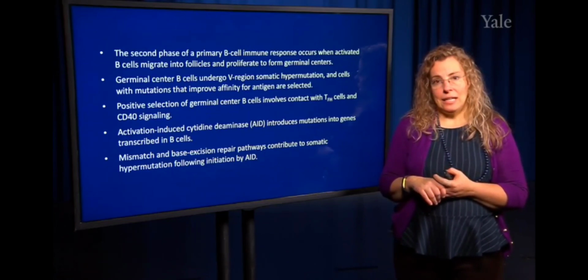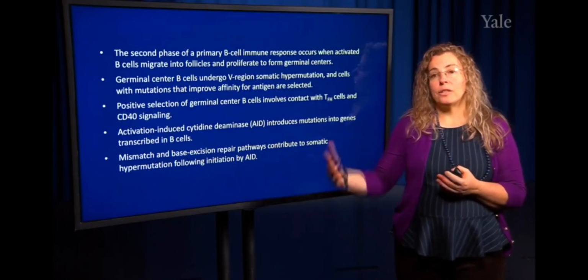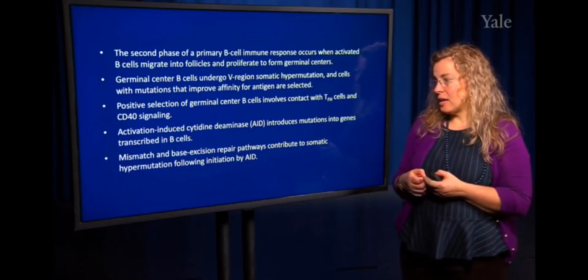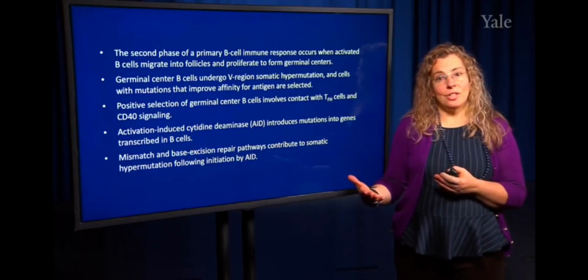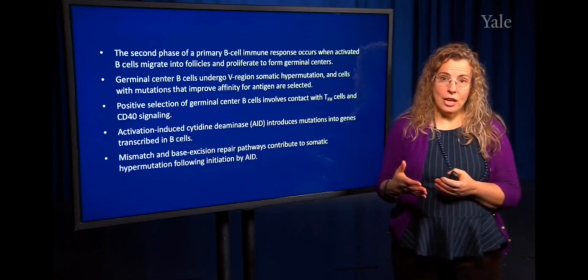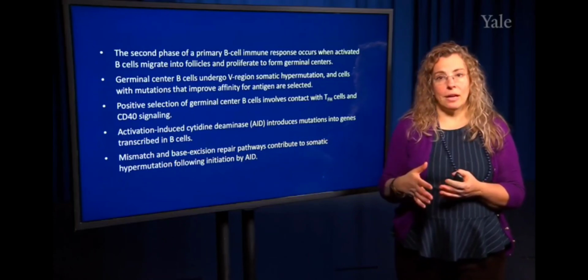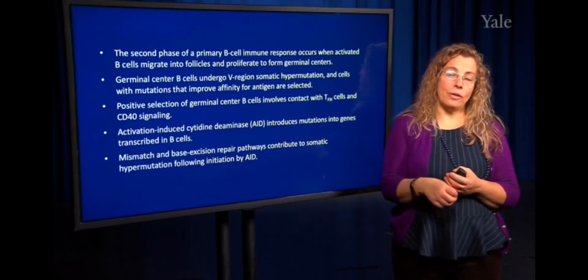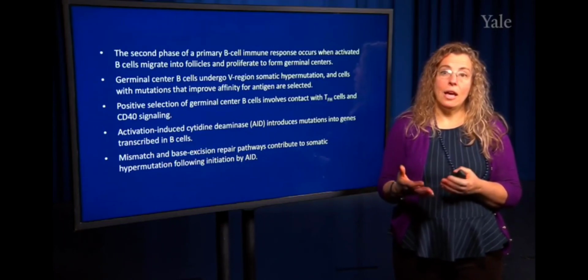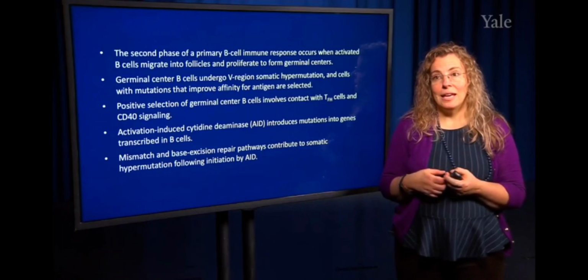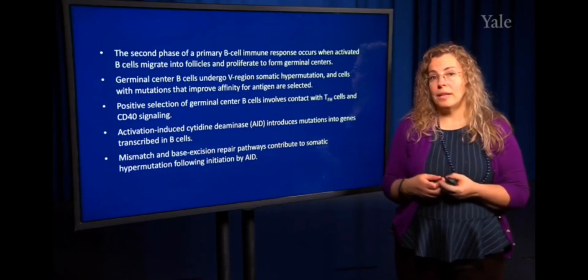That is actually going to facilitate the mutations, and we'll talk about how that happens. Now, with these mutations, the cell is going to recognize the mutation. So different repair enzymes will come into play, and depending on which repair pathway is activated, different types of mutations will end up being created in the genes that are going to make the B-cell receptor or antibody molecules.